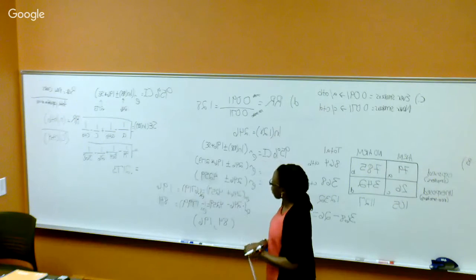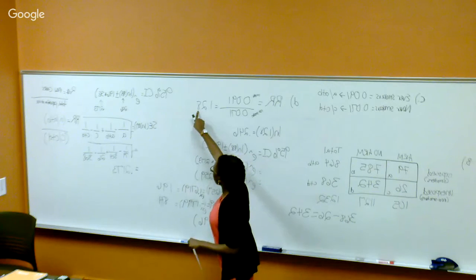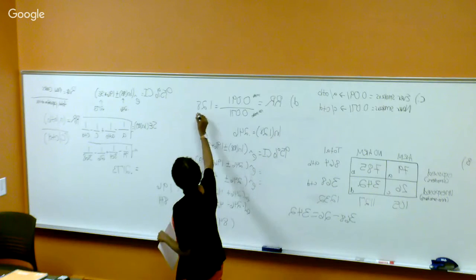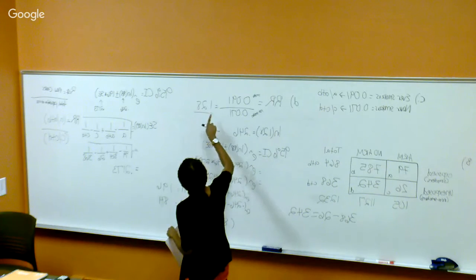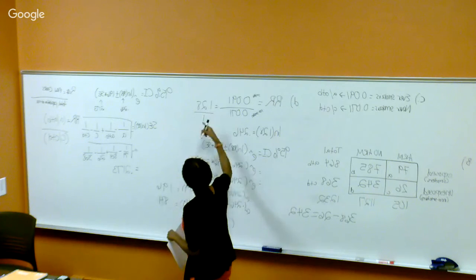How do you go from 1.28 to 28%? Because this is interpreted as a ratio. If there's 1.28 for smokers, then the non-smokers is 1.